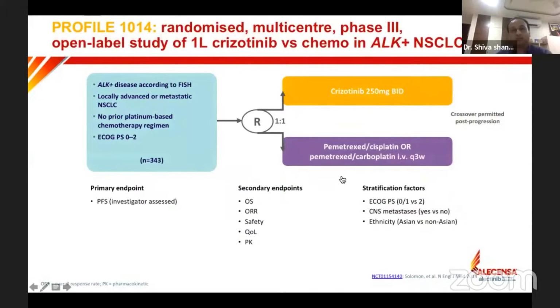So what are the available molecules to manage metastatic non-small cell carcinoma which is addicted to the ALK gene? The first trial that showed a significant improvement in progression-free survival in these patients is PROFILE 1014, which looked at the role of crizotinib compared to the then standard of care, that is chemotherapy.